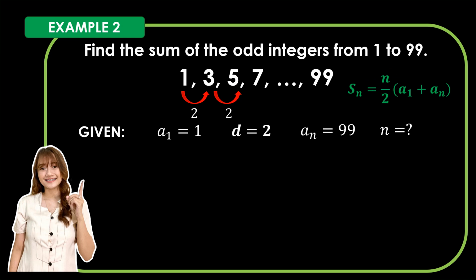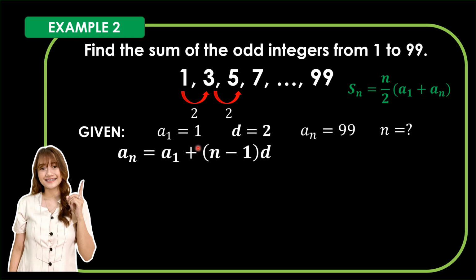Since n is not given, we need to find it. To find the value of n, we use the arithmetic sequence formula, which is a sub n is equal to a sub 1 plus the quantity n minus 1 times d.